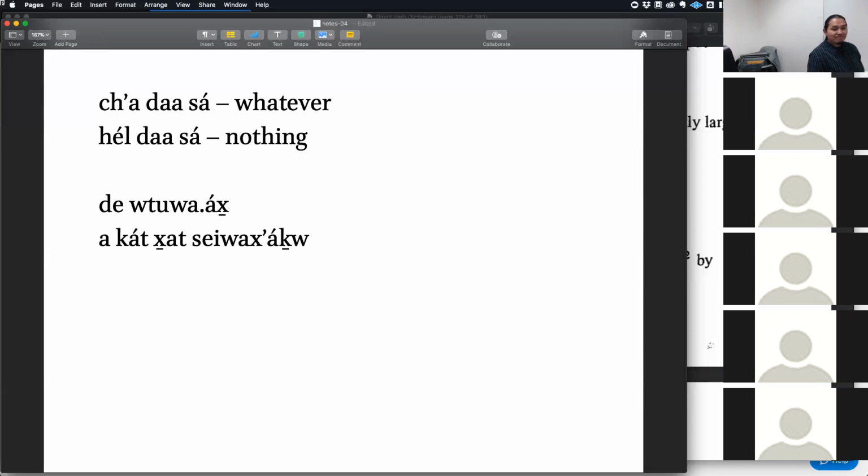What is nooked? Nooked. N high tone U-K-T. Nooked. It's a blue grouse or a hooter. There is a conversation about the origin of Tlingit dancing that's about a nook.